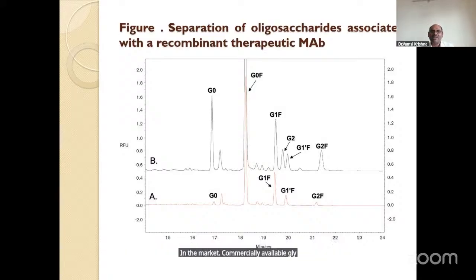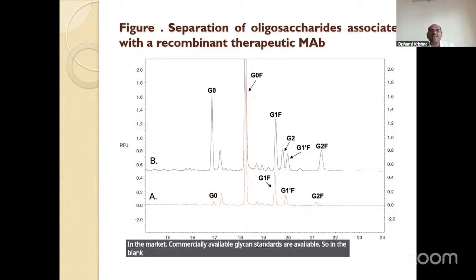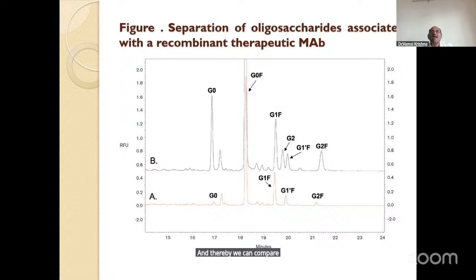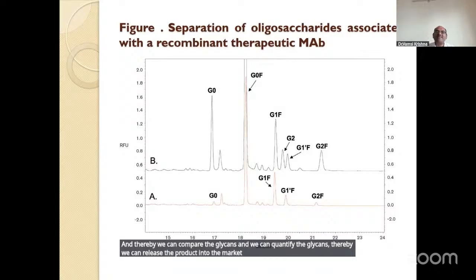We can compare those glycan standards with the glycan moieties we observed in our monoclonal antibody, and thereby quantify the glycans. Thereby we can release the product into the market by means of this glycan content. Next slide, please.